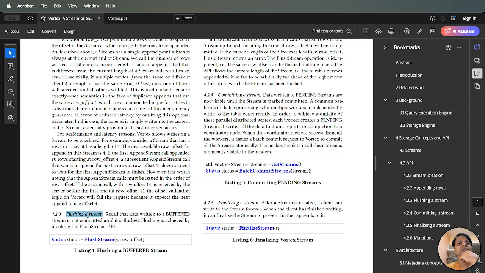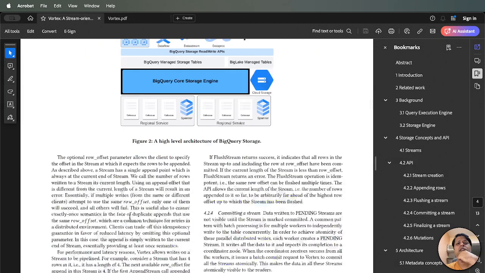Flushing of a stream: recall that data written to a buffered stream is not committed until it is flushed. Flushing, again, is an API. When this function is called and it succeeds, it indicates that all the rows in the stream up to and including that row offset have been committed.